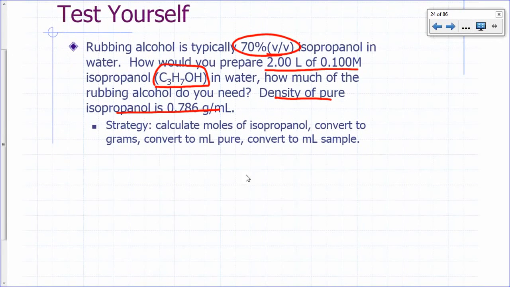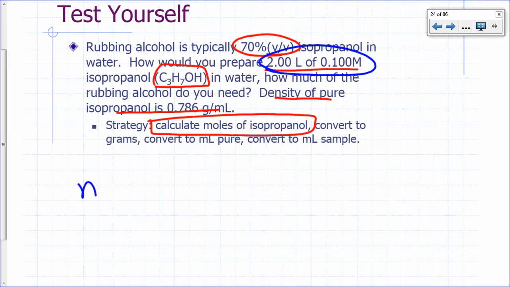So here's a strategy you can use. You calculate the moles of isopropanol that you need first. And what information do we need for that? Our desired solution is 2 liters of 0.1 molar. So moles of isopropanol, I'm just going to call it ALC for alcohol.